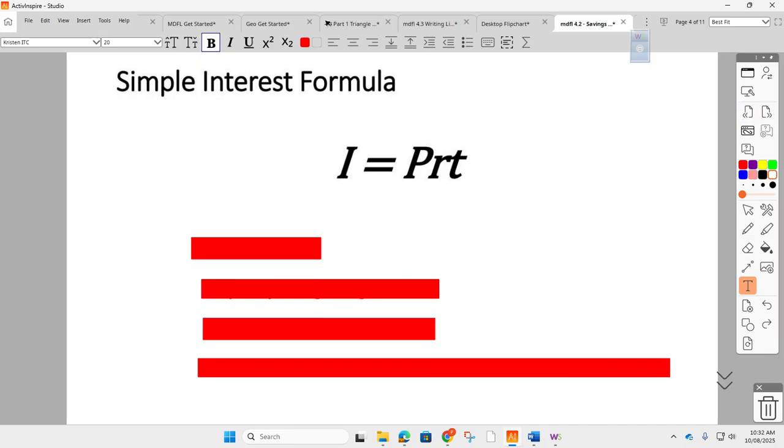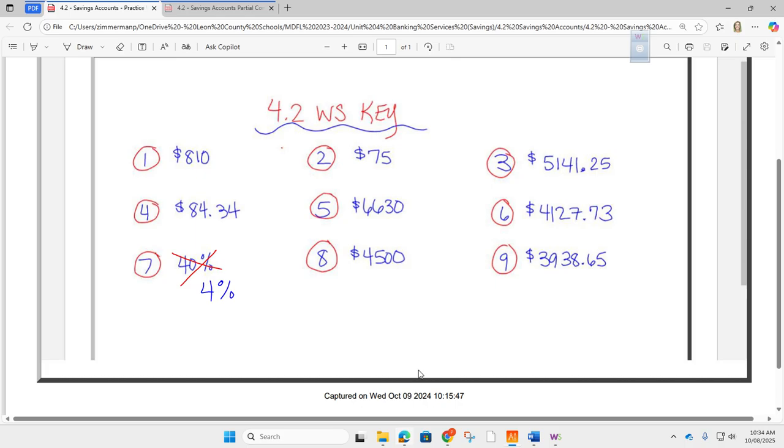We are going to go ahead and go over the worksheet. You did not check your worksheet yesterday. We're checking it now.